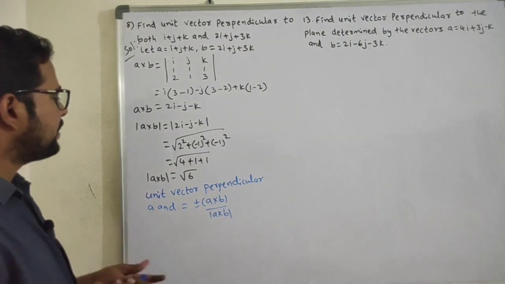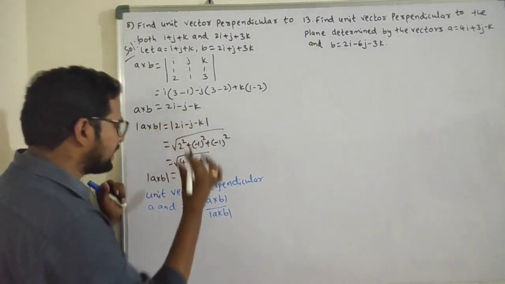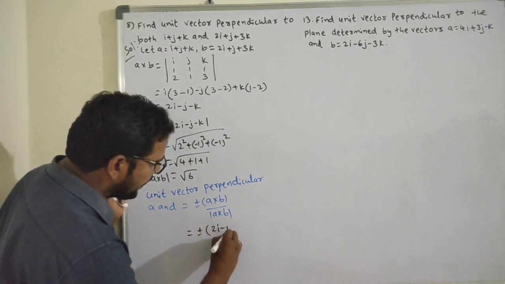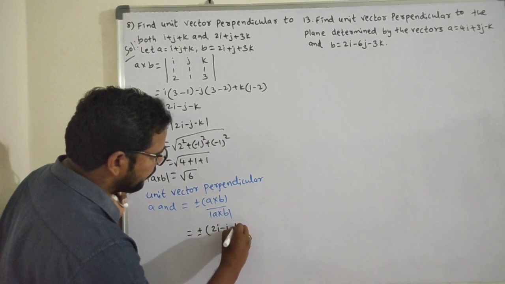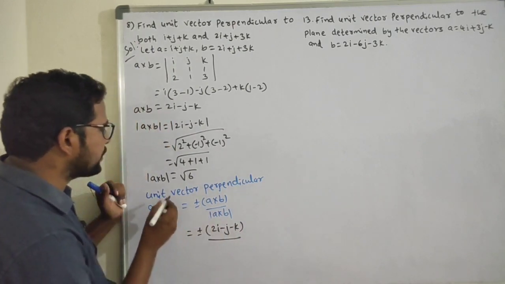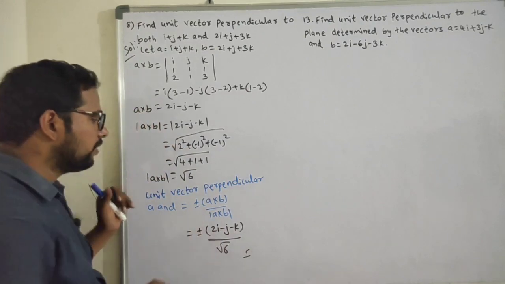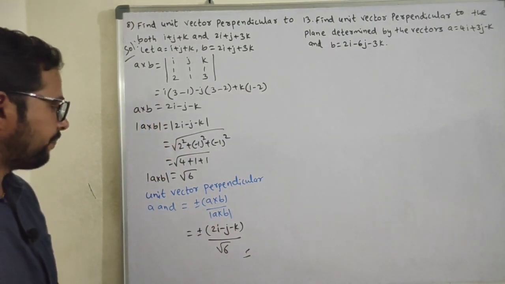A cross B is 2i minus j minus k, so the unit vector is plus or minus 2i minus j minus k by modulus A cross B value root 6. This vector is perpendicular to both A and B.